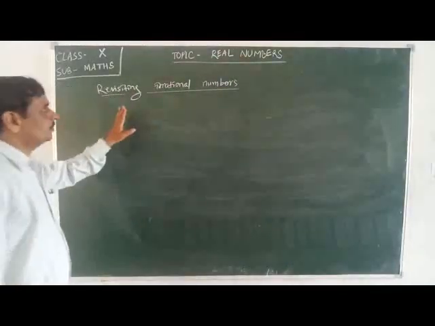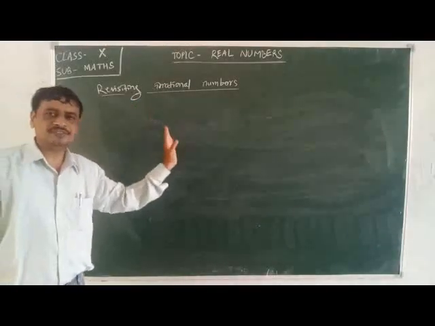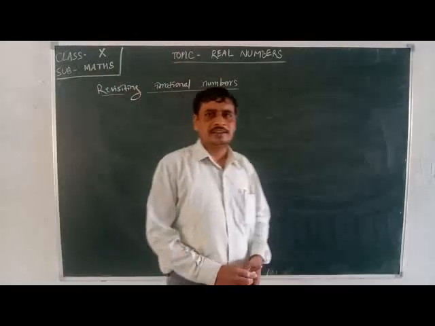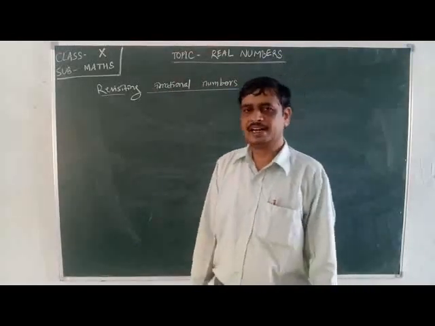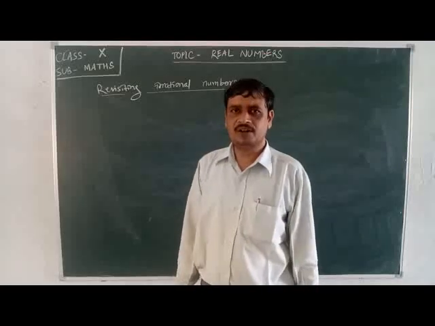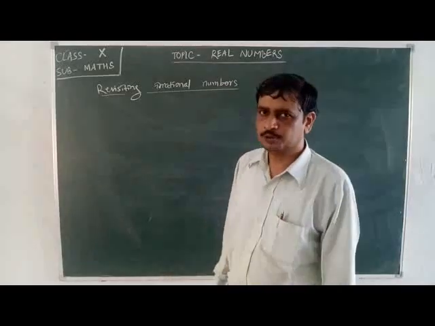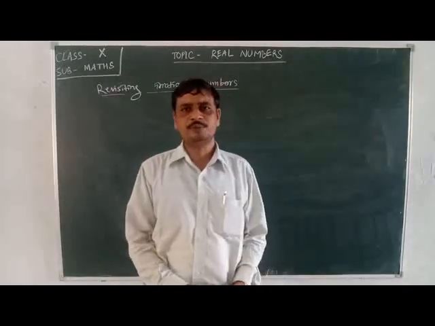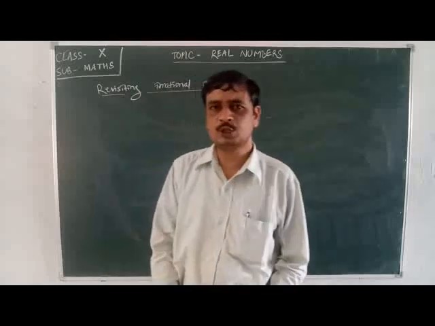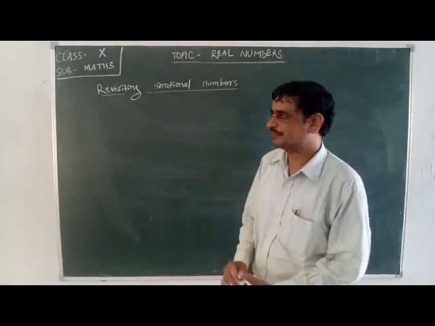Here we will discuss irrational numbers, revisiting irrational numbers. An irrational number means any number which can't be expressed in the form of p by q, where p and q are both integers and q is not equal to 0. And another condition also: both p and q should be co-prime.